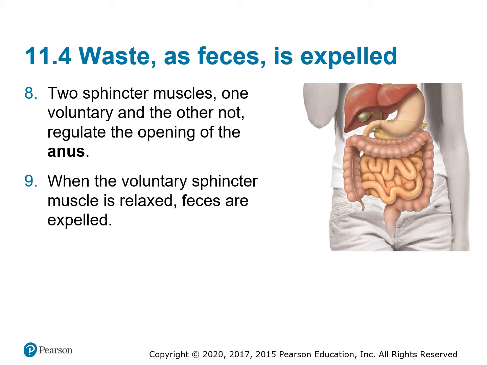One is voluntary, one is not, that operates the opening, which is known as the anus. And when the voluntary sphincter muscle is relaxed, the feces are expelled. So at that point, the undigested material is expelled.